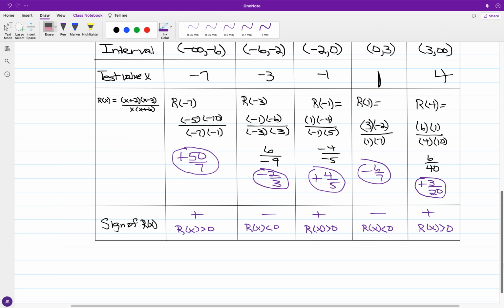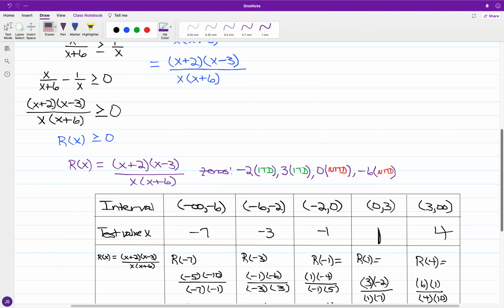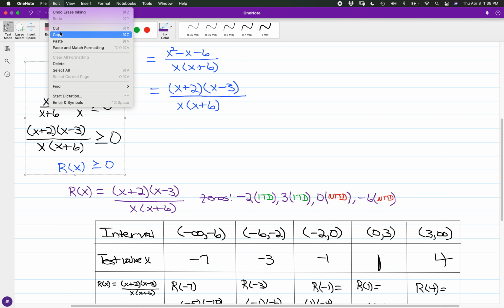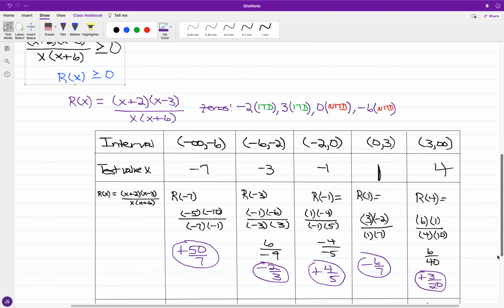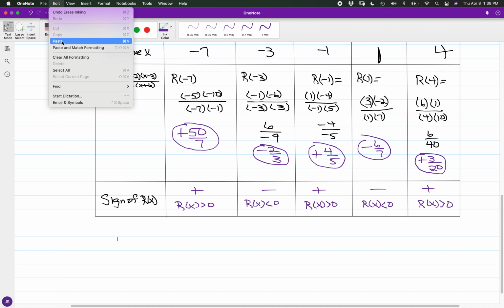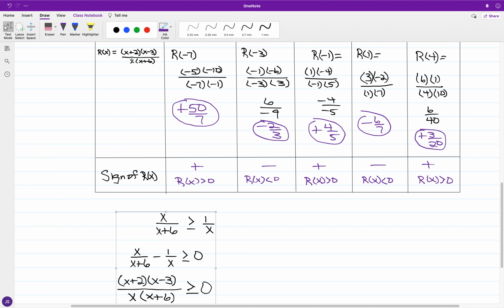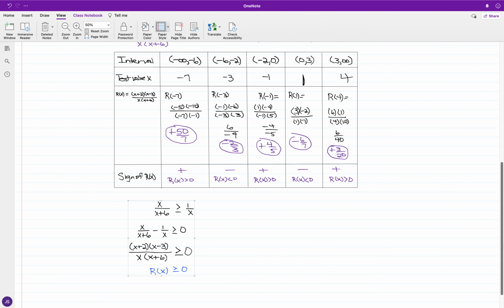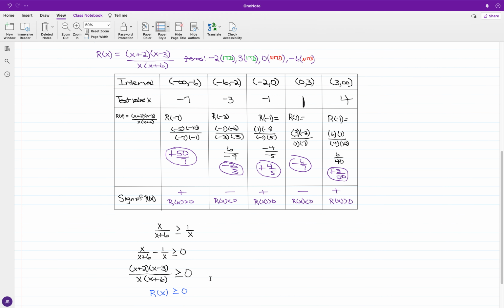In terms of the original inequality, this conversion is a comparison to 0, in the same direction, where r of x is greater than 0.